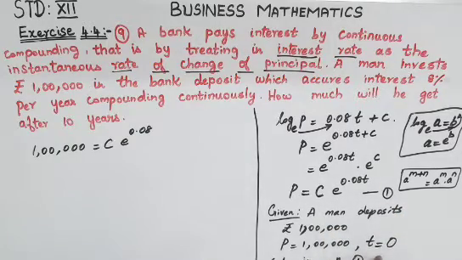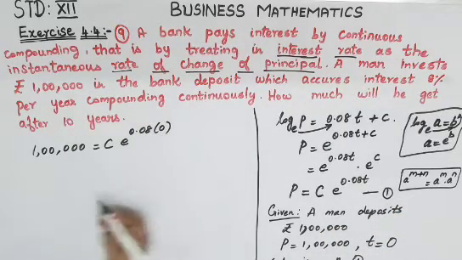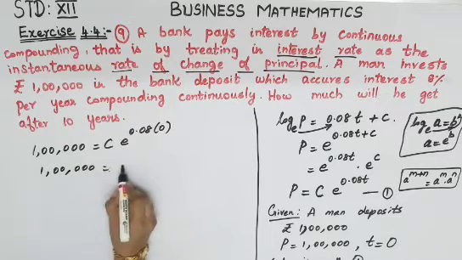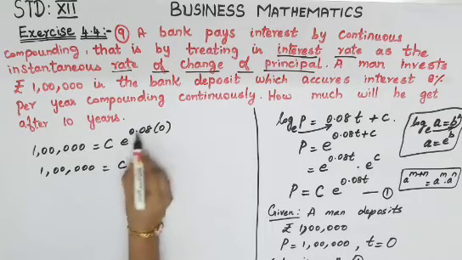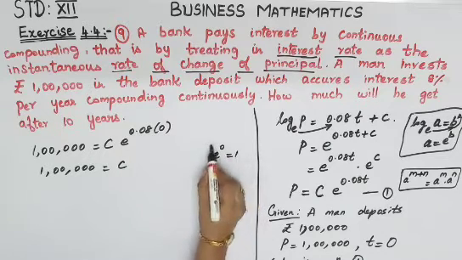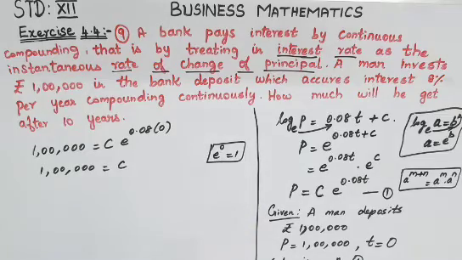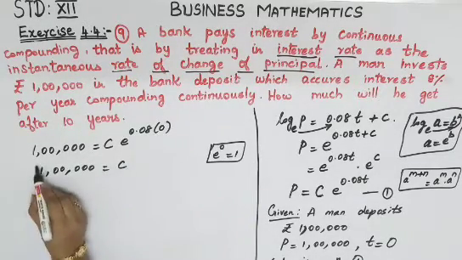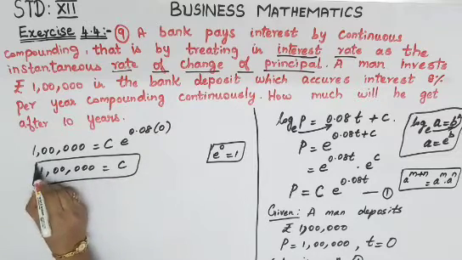T is here 0. So into 0. So that is 1 lakh is equal to c into e power, this will become 0. E power 0, you all know the value is 1. Anything to the power 0 is value 1. So here c into 1 will come. So I'll just leave it as c. So the value of c is 1 lakh.